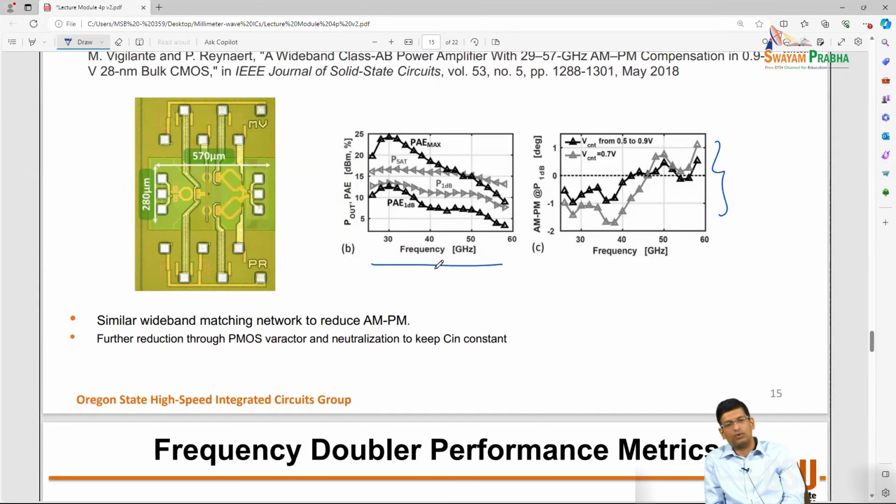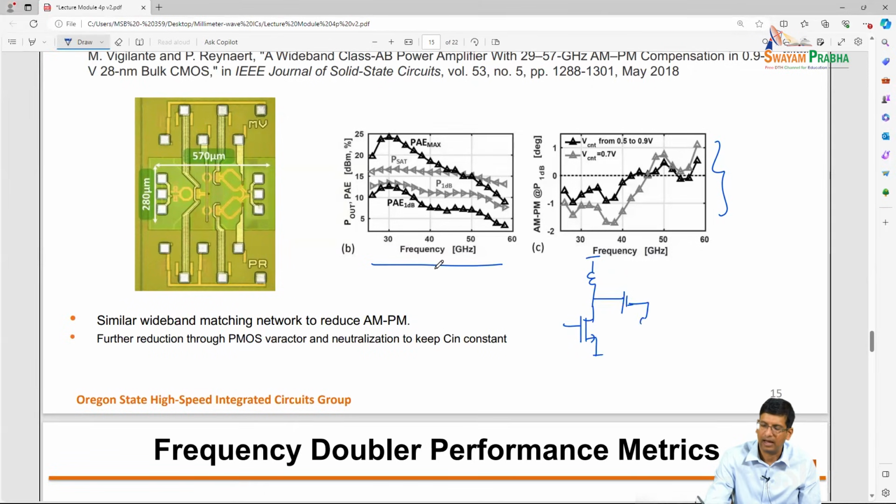There are also good design practice techniques, such as making sure that your supply network is very low Q. So when you bypass the PA supply, just as an example, we put this L choke, and then I put a filter here, right? But this is actually equivalent to a situation where I move this inductor, instead of putting it to ground, I can just put it to VDD.